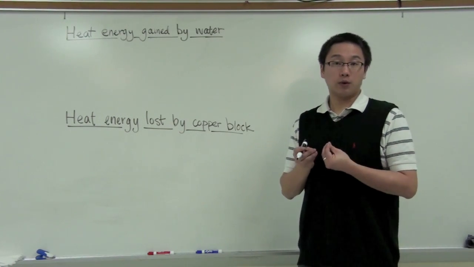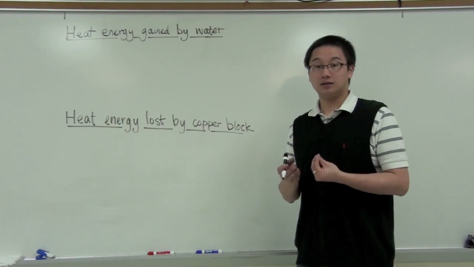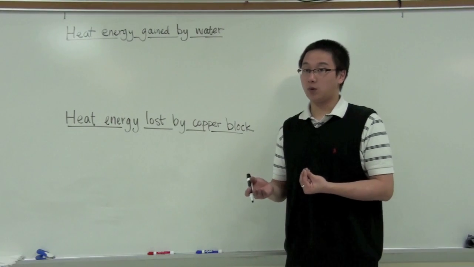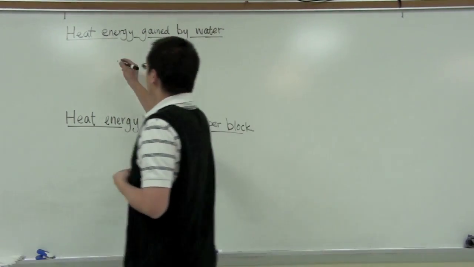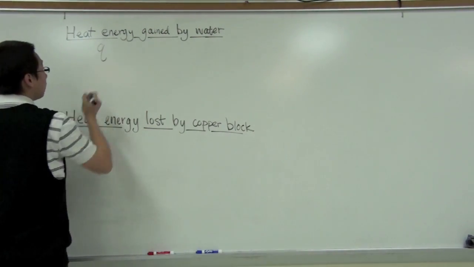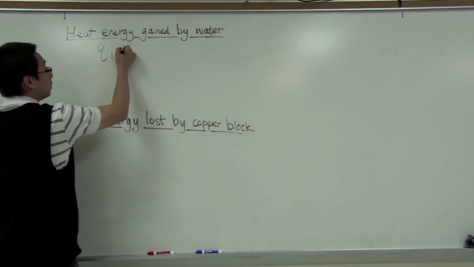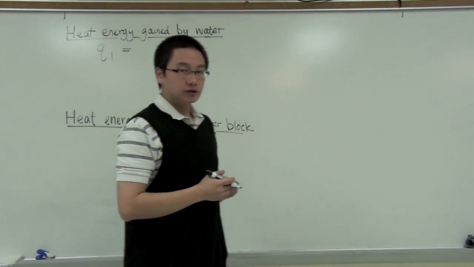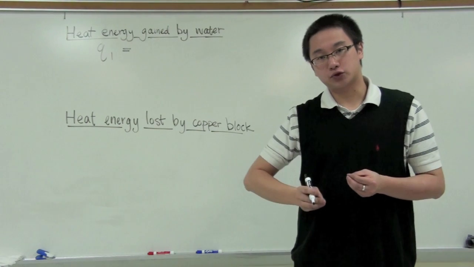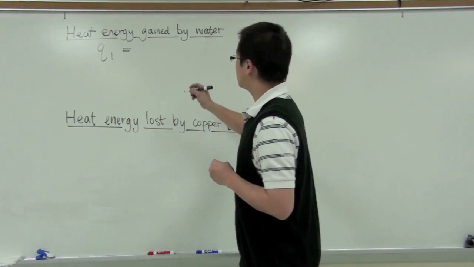We will not know what the final temperature is until the very last moment of the question. So we will use Q, in this case Q1, and since it is just a change of temperature, we will use the equation Q = mc delta T.